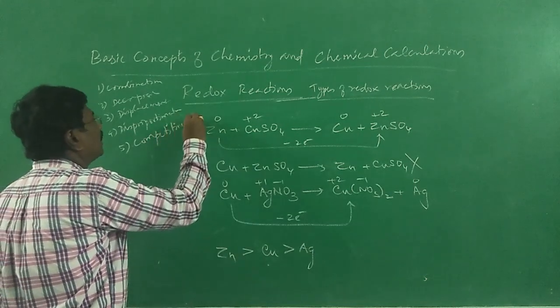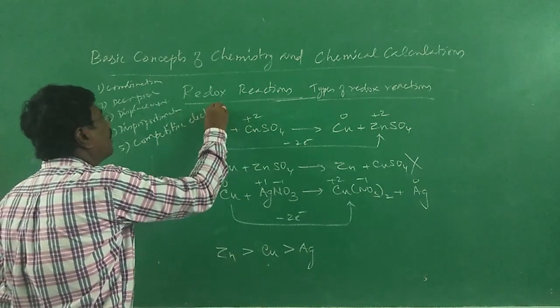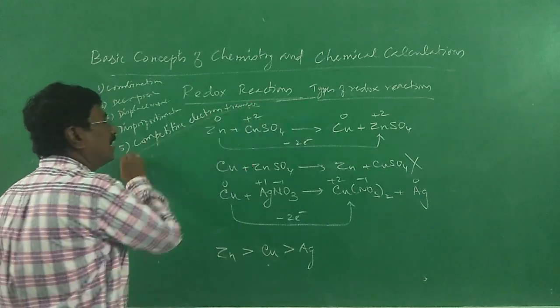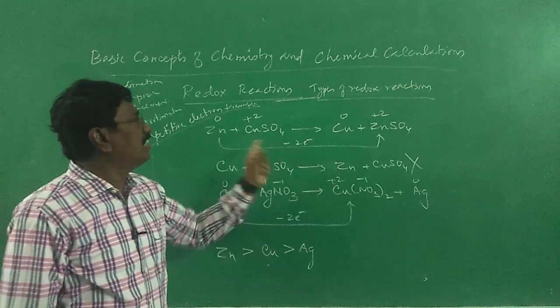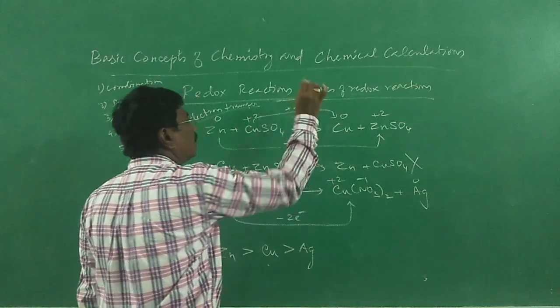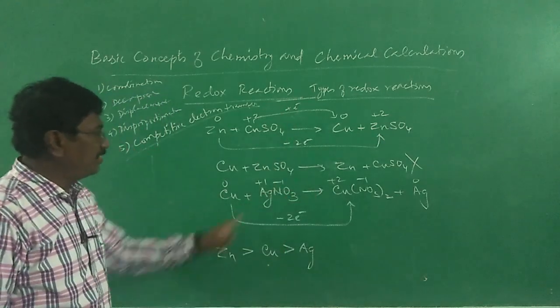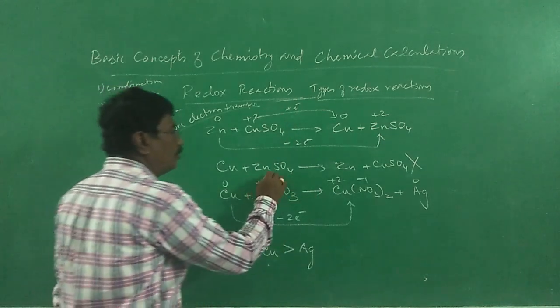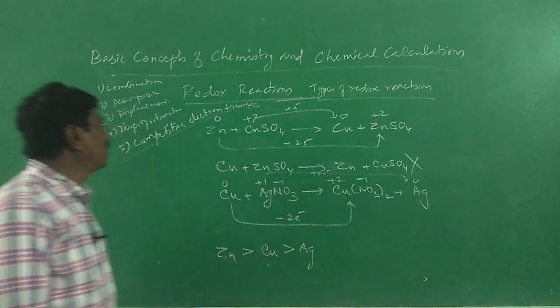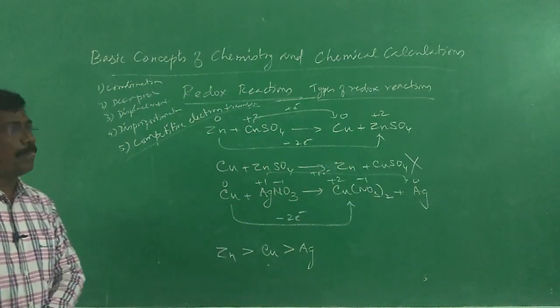So these are the different types of redox reactions. In all these, oxidation and reduction took place simultaneously. It is reduced by gain of 2 electrons. In all these reactions, silver is reduced from +1 to 0 by gain of 1 electron. So in all these reactions, redox reaction took place.